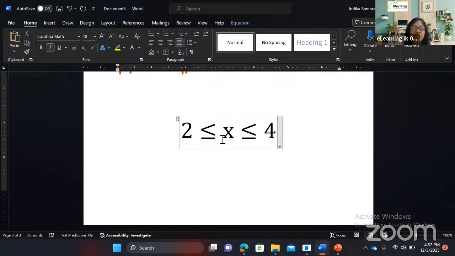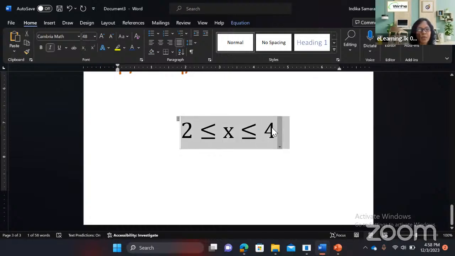That is how we show a range within the x-axis, right? Here we are showing that the value of x can be a range or an interval. If the x value lies within an interval, we represent it like this, right?